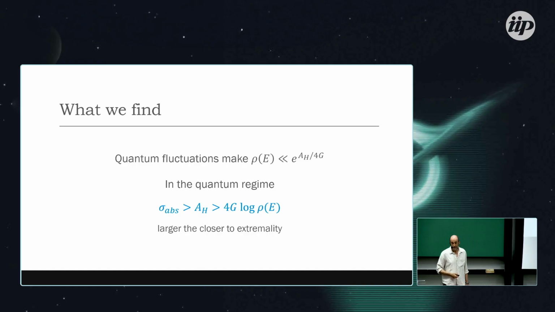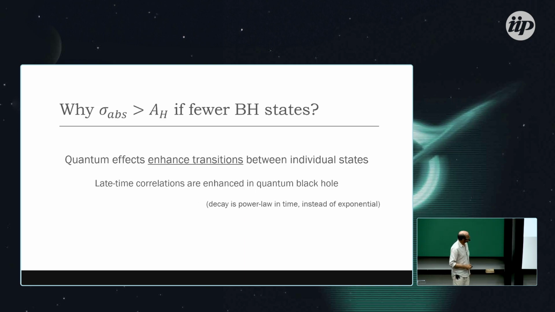And I thought, well, this must be wrong. Of course, I rechecked the calculation. I began to dissect it and to see what was going on. So why do we have an absorption cross-section larger than the area, even if you have fewer states that can absorb radiation? Well, the absorption cross-section not only depends on the number of states that can absorb the radiation, but also on how efficient these states are at inducing transitions, at absorbing radiation.